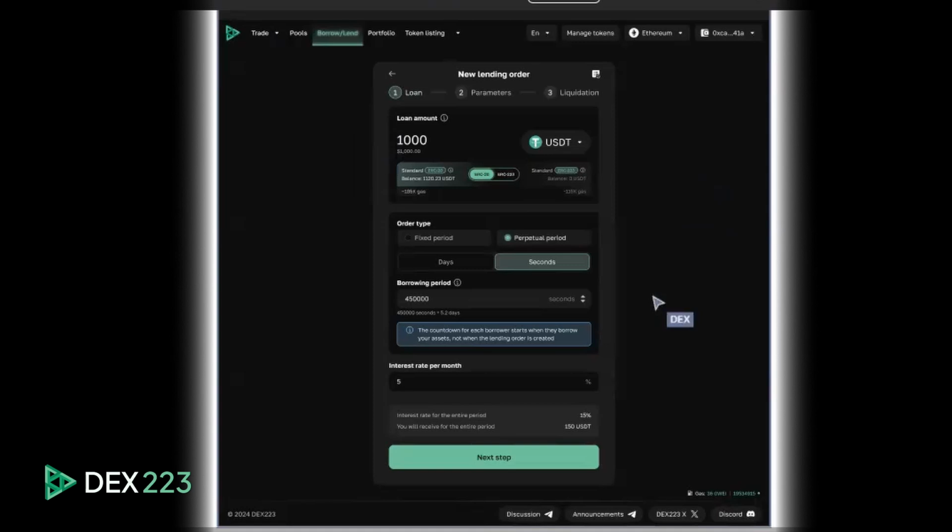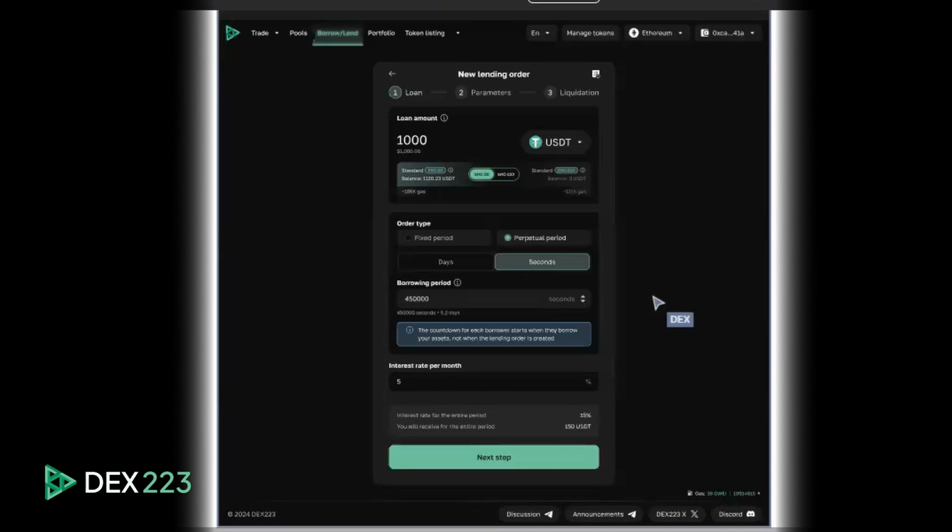Here we have a template for a lending order. In order for this system to function properly, we need two types of participants in the margin trading of DEX223: the lenders, who are willing to provide the funds for the borrowers in exchange for interest, and the borrowers, who actually borrow the funds and make some trades with them.